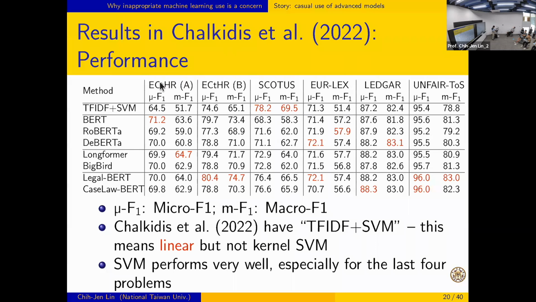Each column is about 1 data set. And each row is about 1 machine learning method. So you can see BERT here. And then they have RoBERTa, DeBERTa, and Longformer, etc. All those are variants of BERT models.